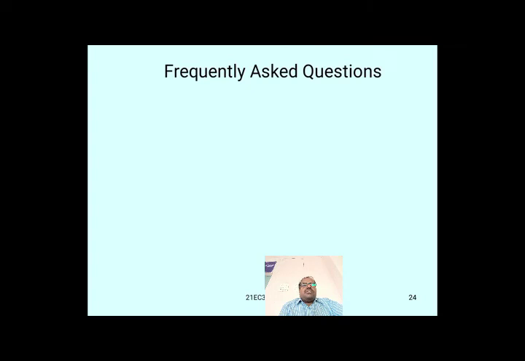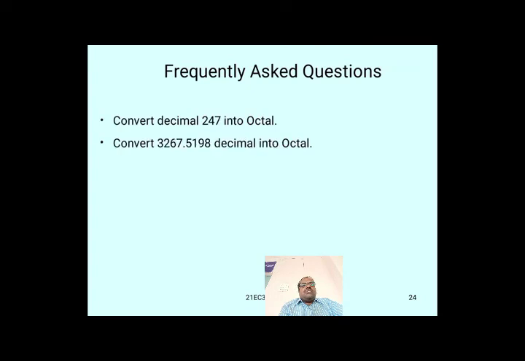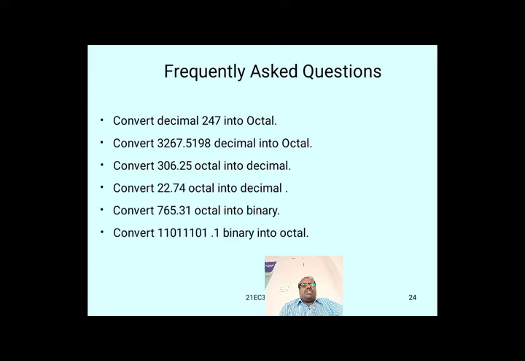Next, in exams there are some frequently asked questions. Please make a note of them. Convert decimal 247 into octal. Convert 3267.5198 decimal into octal. Convert 306.25 octal into decimal.